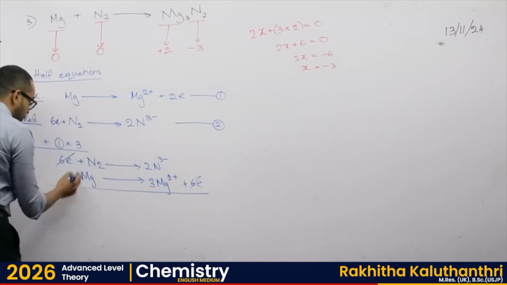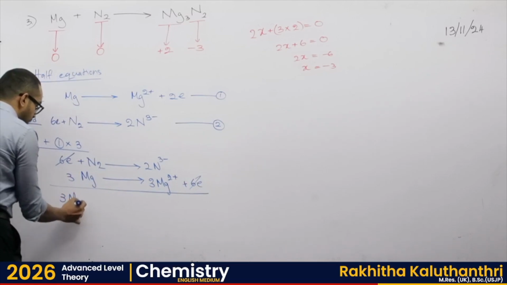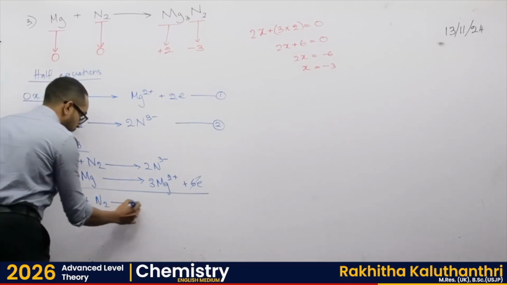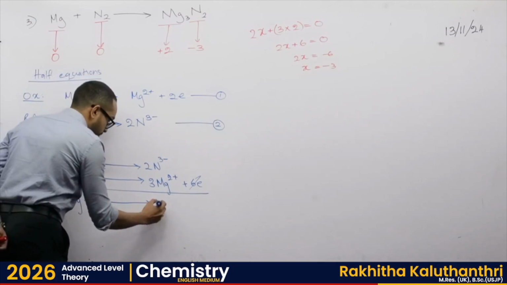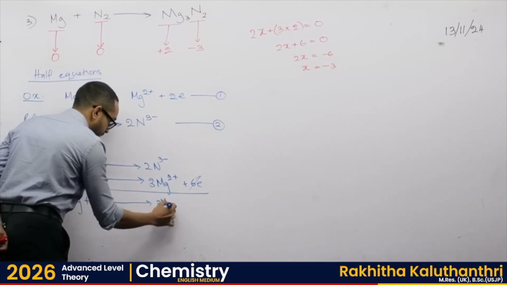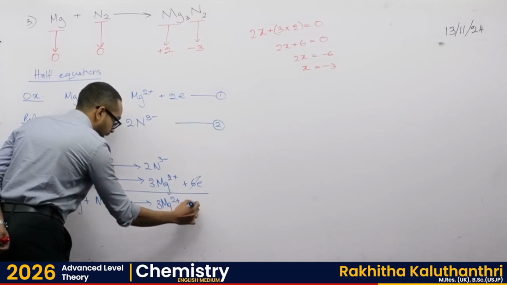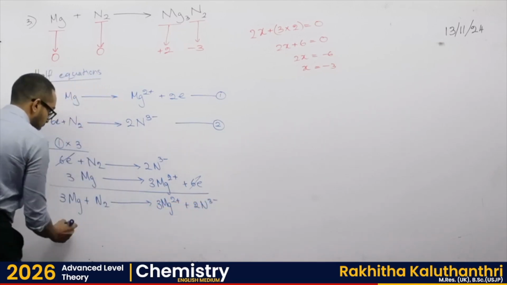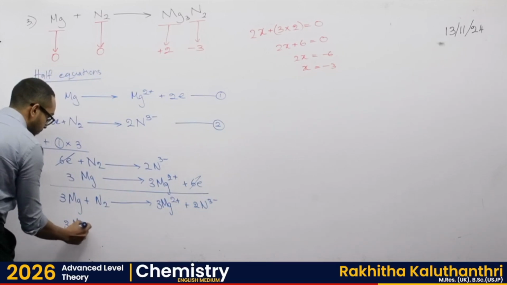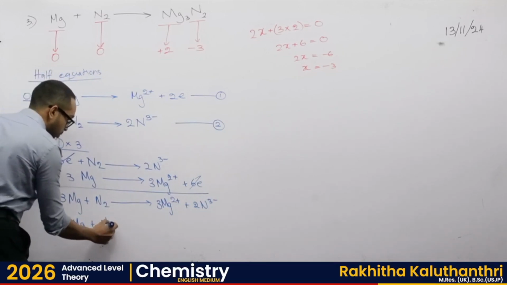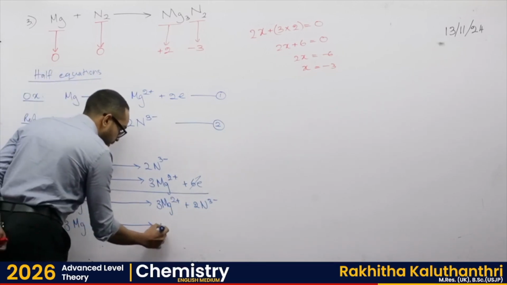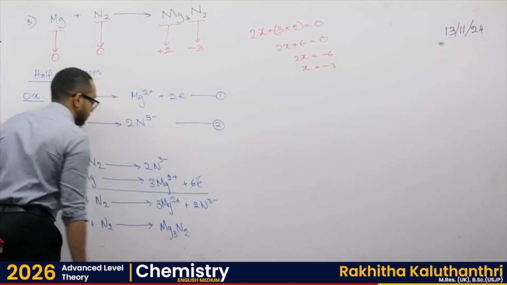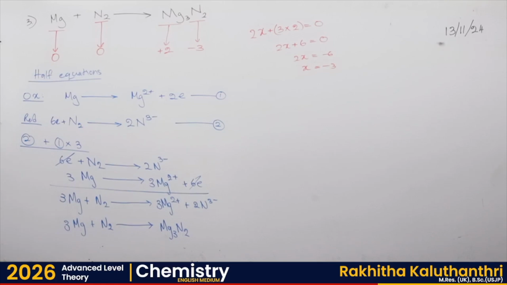So therefore when you're adding them together, it will be 3 Mg plus 1 N2 turns into 3 Mg2+ and 2 N3-, or in other words 3 Mg plus N2 have become Mg3N2. Mg3N2.